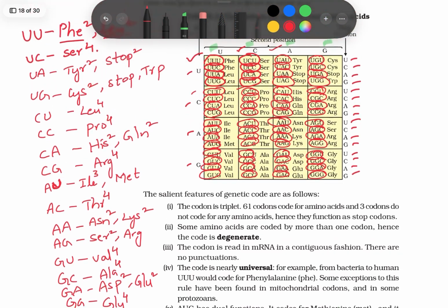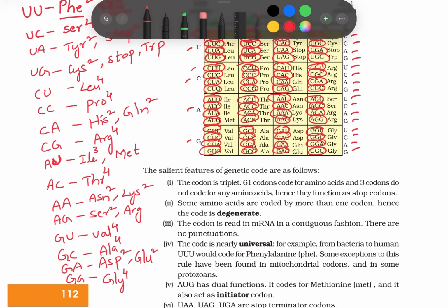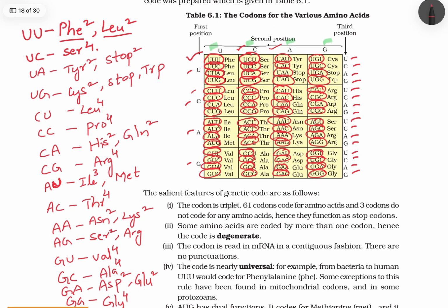And out of these 64 codons, 3 are stop codons. You know the properties of the genetic code. Code is non-overlapping, code is degenerate, code is unambiguous, code is universal, of course. But here serine, leucine, arginine are exhibiting maximum code degeneracy, because these 3 amino acids have more than one codon, 6 codons.